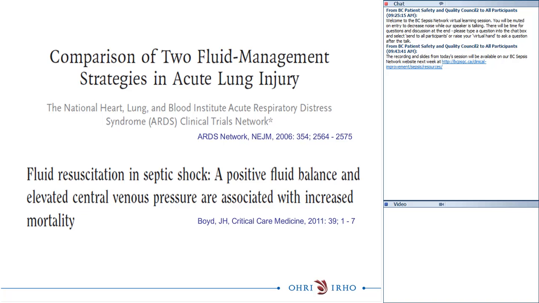So suggesting that excess fluid in that setting is associated with an increased risk of death in this observational study where they adjusted for multiple confounding influences. It is an observational study, so we have to be a little bit cautious with regard to how we interpret these data. And so what randomized controlled trial data do we have?